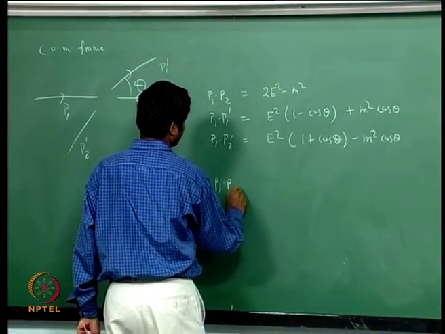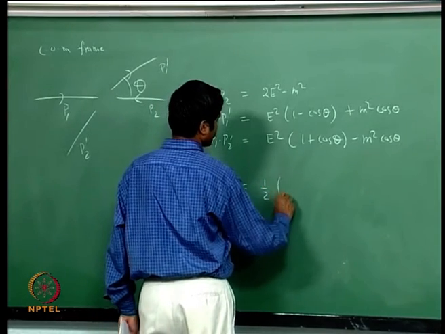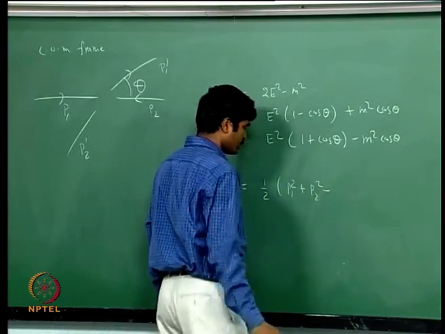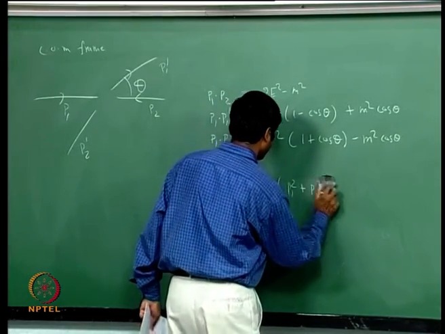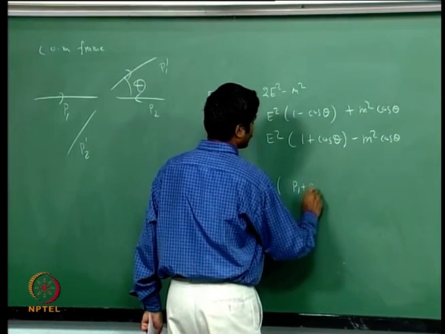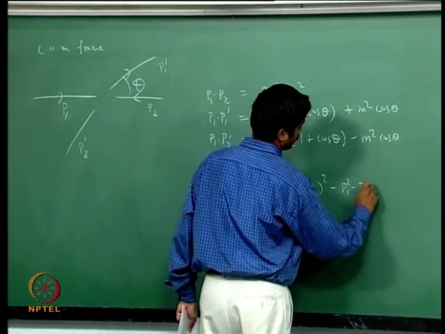P1 dot P2 is nothing but half of P1 plus P2 square minus P1 square minus P2 square, right.